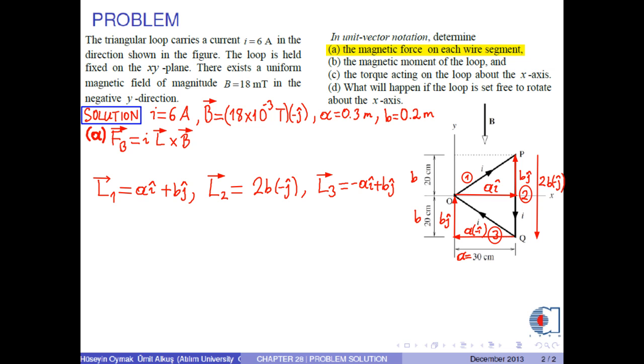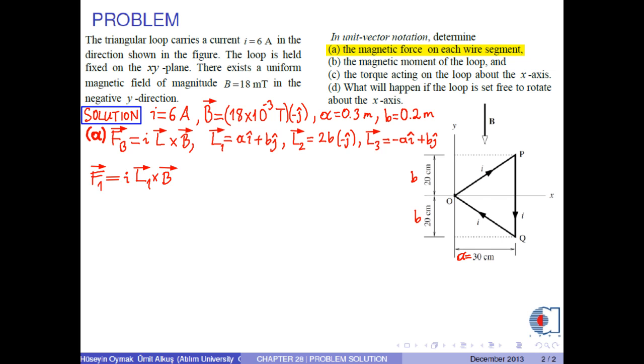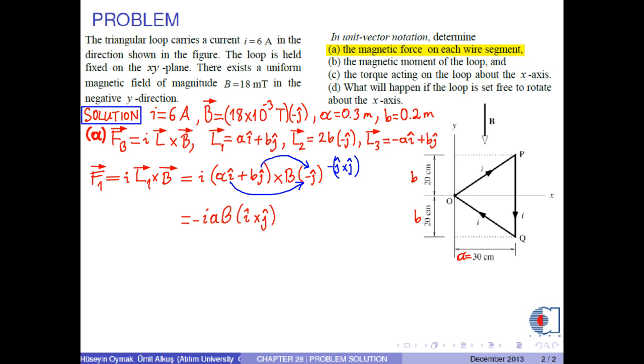The magnetic force on segment 1 is I times L1 cross B. L1 is A times i hat plus B times j hat, and vector B is B times negative j hat. The first vector product gives us negative I times A times B i cross j hat, and the second vector product is negative j hat cross j hat, which gives 0 because the vector product of parallel vectors is just 0.